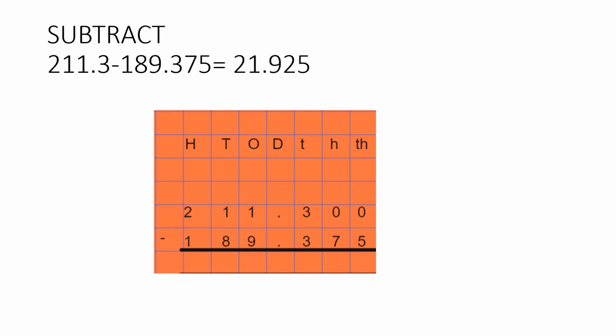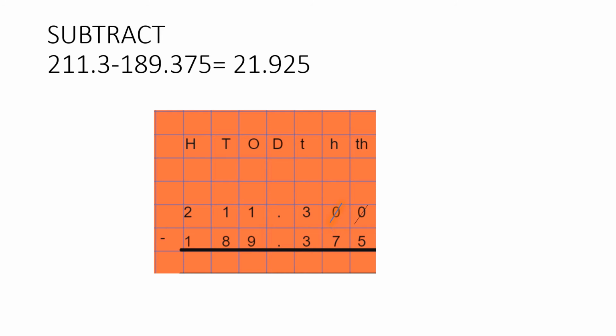In the same way, students, we write ones, tens, hundreds, decimal, tenths, hundredths, thousandths. Here there is only 3, no other number, but the number being subtracted has 375. So we will complete it by writing zeros. From 0 we can't subtract 5.